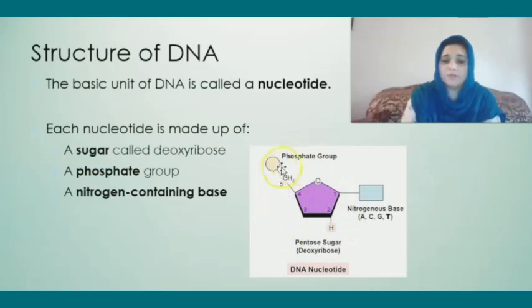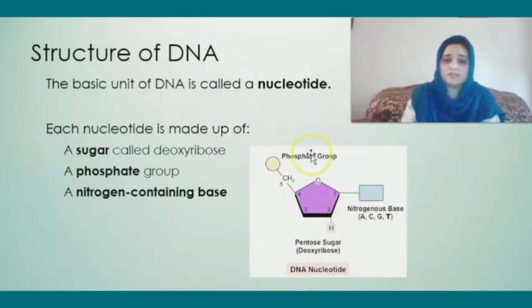At carbon number 5, a phosphate group is attached, while at carbon number 1, a nitrogenous base is attached, either adenine, guanine, cytosine or thymine. These are the names of the nitrogenous bases. They are attached to carbon number 1 of the pentose sugar. Pentose means 5 carbon sugar, and in case of DNA it is deoxyribose.